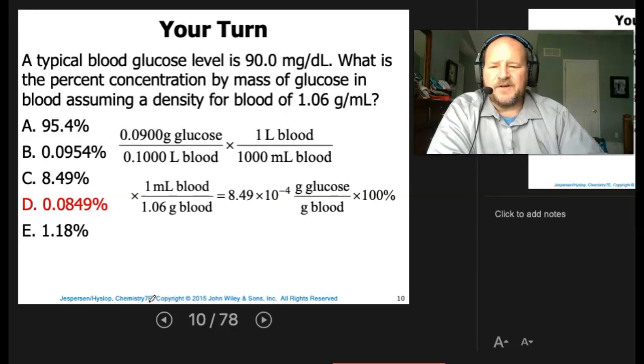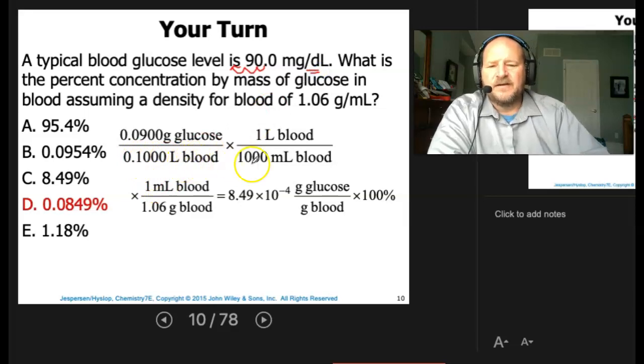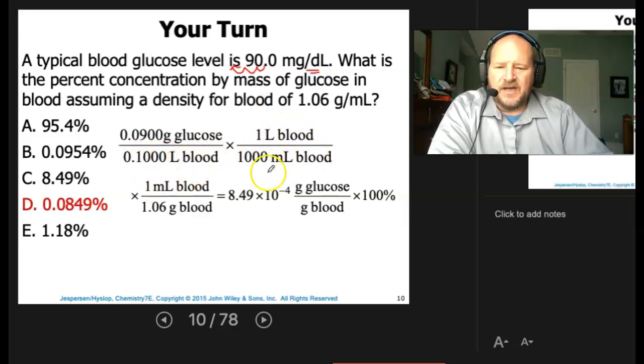And so this time we're going to take that 0.09 grams, right? So we're going to convert our milligrams. 1, 2, 3. So that's how we got 0.09 grams of glucose over 0.1 liter. That's the deciliter. 0.1 liter of blood. So we're going to get rid of liters of blood and put that in milliliters, right? Because we want the percent in grams per milliliter.